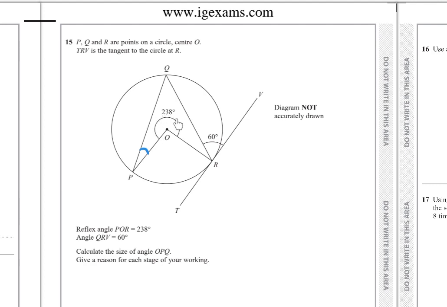If this angle is 238, we can find this one, angle BOR, which is 360 minus 238. So angle BOR equals 360 minus 238 equals 122, because they add up to 360.